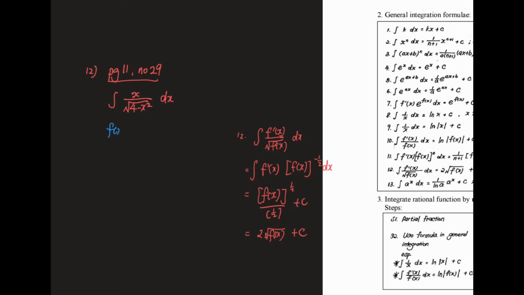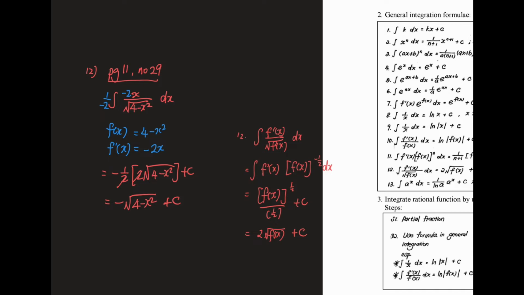Our fx is 4 minus x squared. Differentiating, we get minus 2x. So we need negative 2, so we divide by negative 2. And based on the formula, it will become 2 square roots of 4 minus x squared plus c. Simplify it: negative square root of 4 minus x squared plus c. Okay, so that is the answer if we use formula number 12.